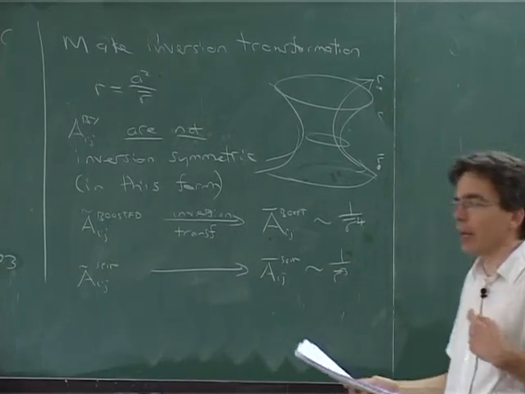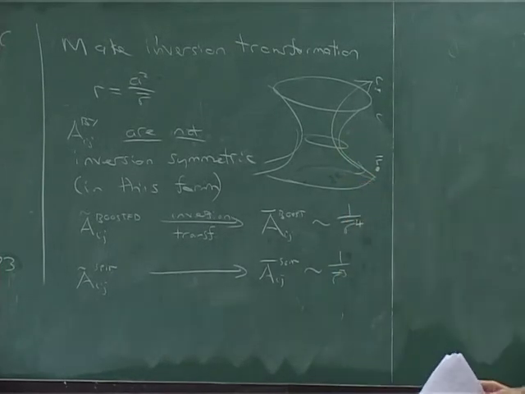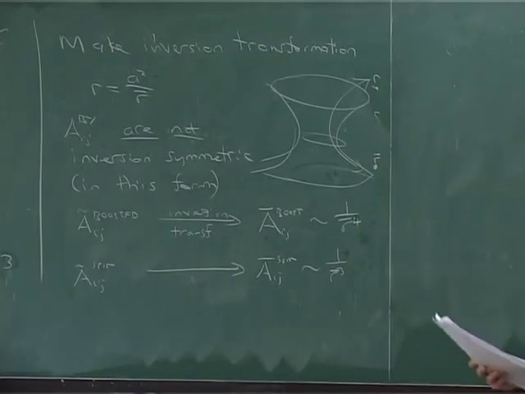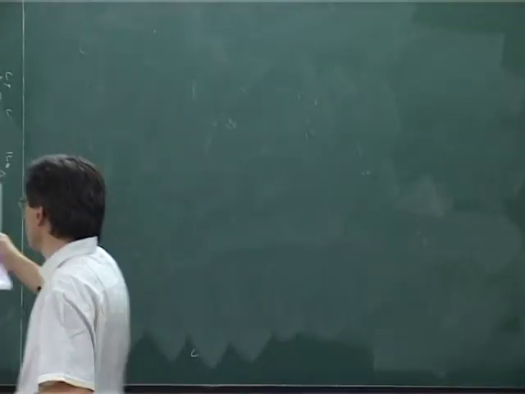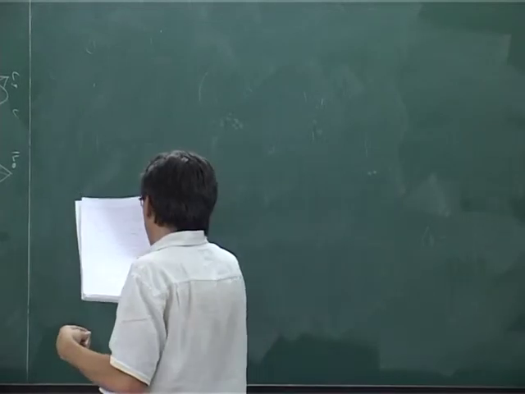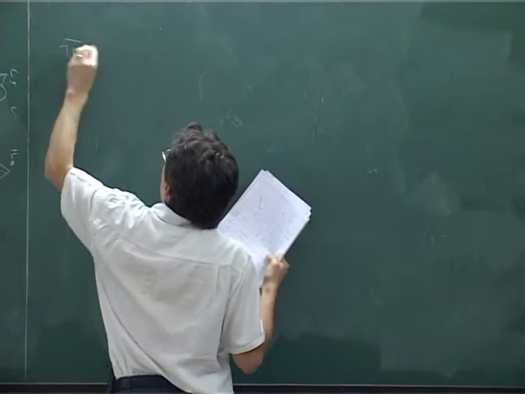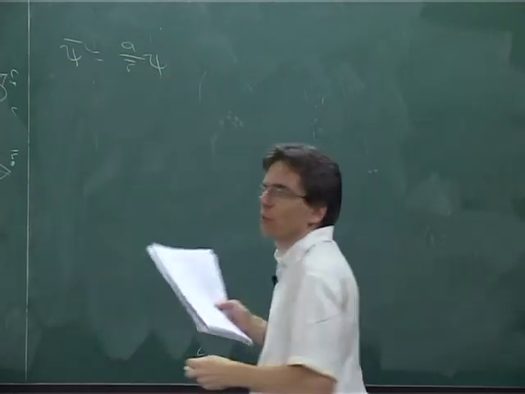So one way to get an estimate of the black hole mass is to go to the other asymptotically flat end, make this inversion transformation, and calculate the ADM energy there. We've made a transformation of this. It turns out we can also make the appropriate inversion transformation for the conformal factor: psi bar is A over R bar times psi.